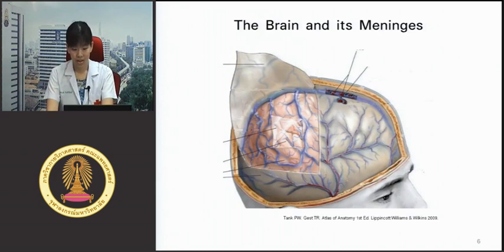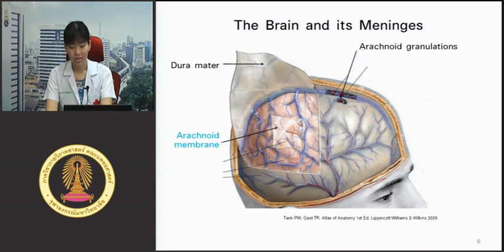The brain is covered by the dura mater and arachnoid membrane. On the anterior part of the brain, arachnoid granulations are related to the superior sagittal sinus, where cerebrospinal fluid is absorbed into the systemic circulation.